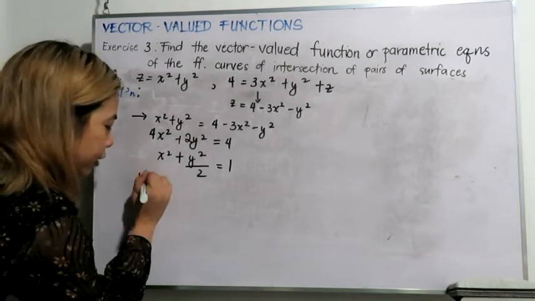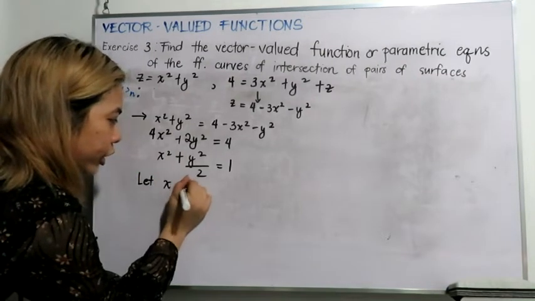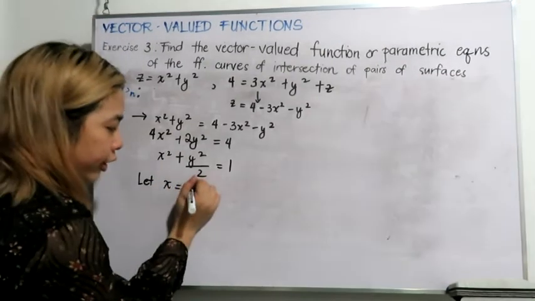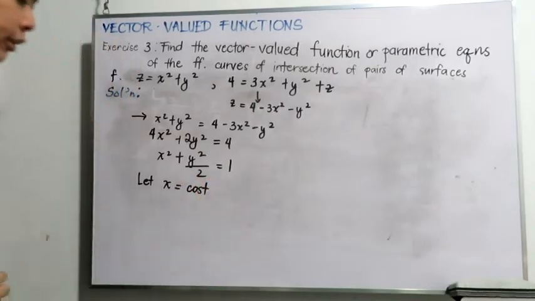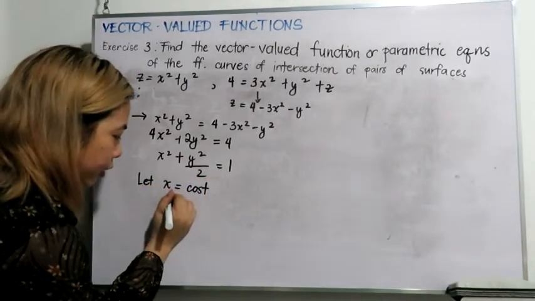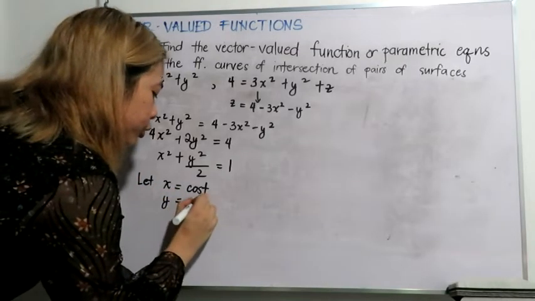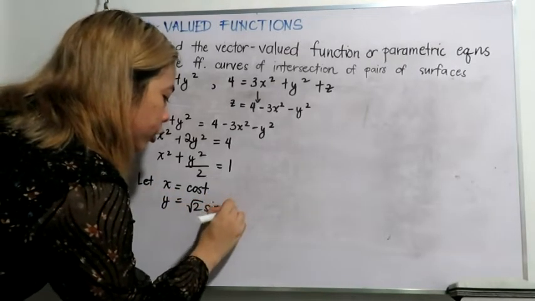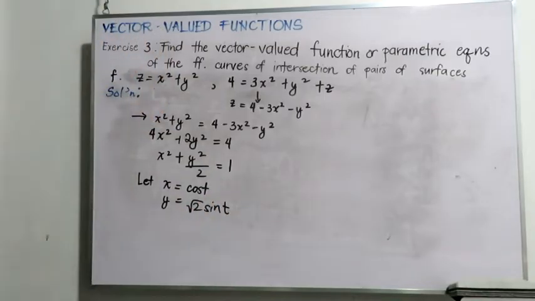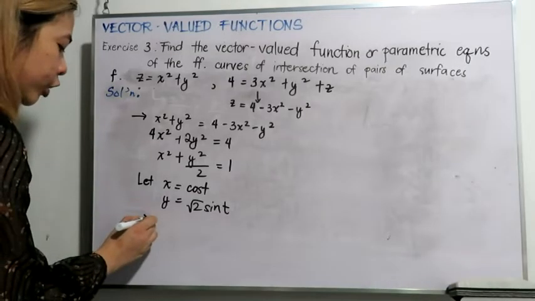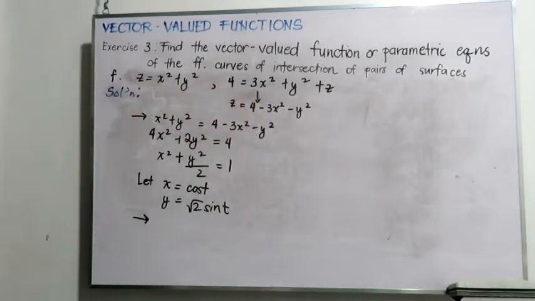So we can let x equal to cosine t and y to be equal to square root of 2 sine t, which is the parametrization of the said equation. Now, solving for z, we can choose any of the two equations.